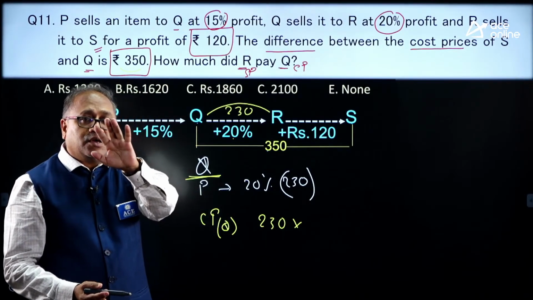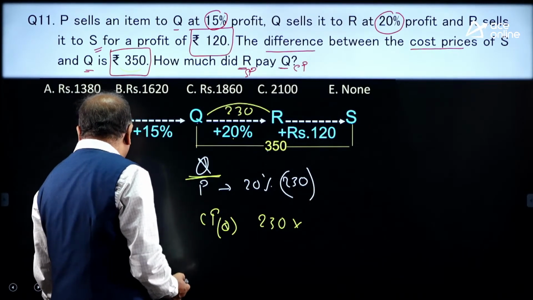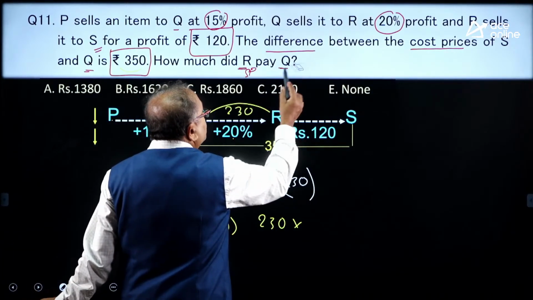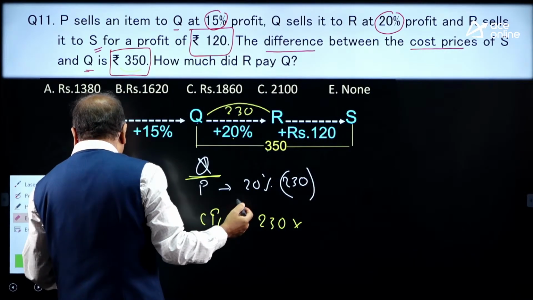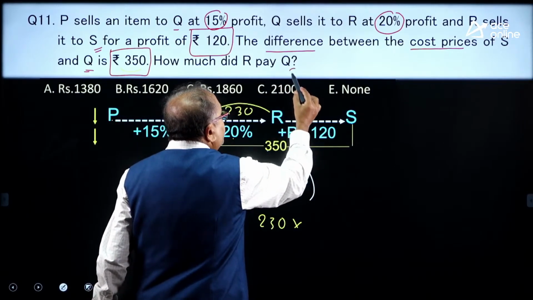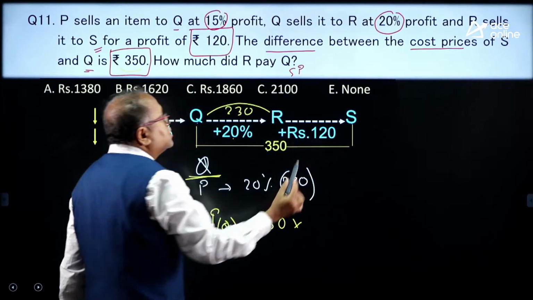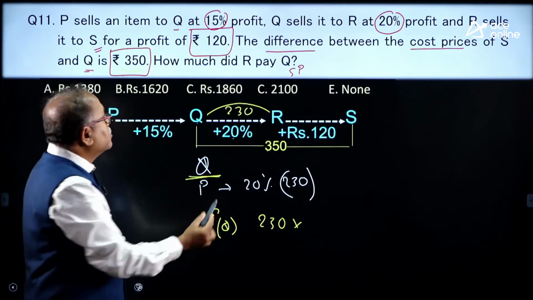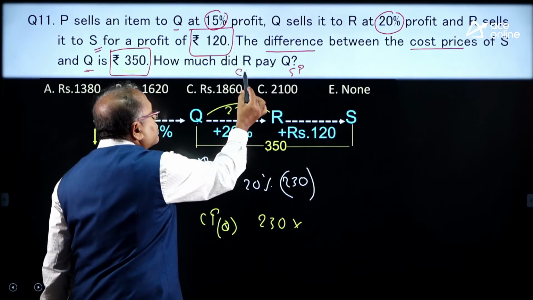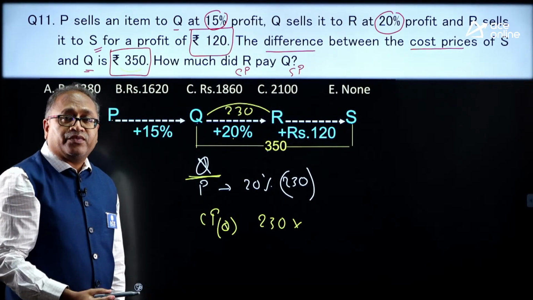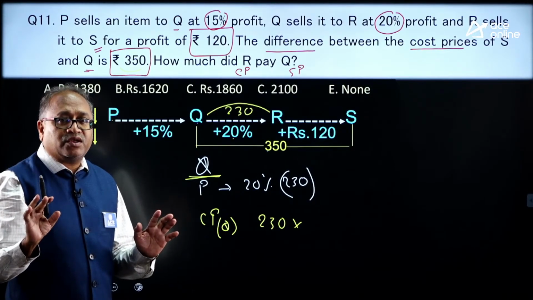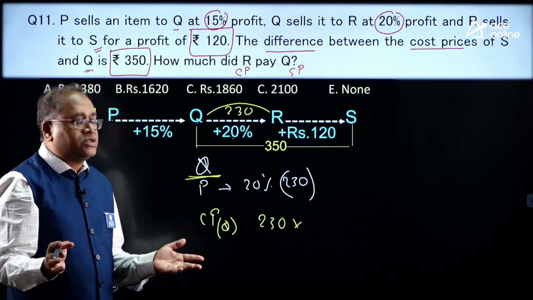I am extremely sorry. R pays to Q, that means it is the selling price of Q, the cost price of R. I wrote it in a reverse way.